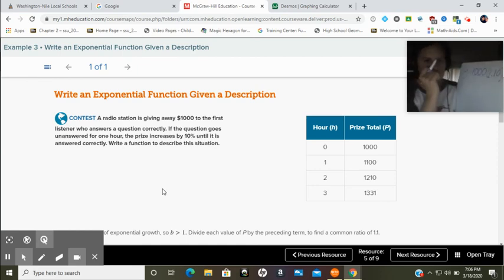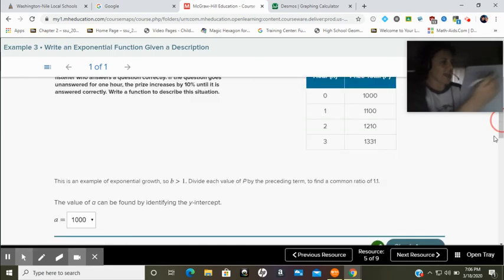I think P for prize and H for hour. Yeah, it's right there on the table. So P is equal to 1,000 times 1.1 to the number of hours. Our A is our y-intercept. That is 1,000.